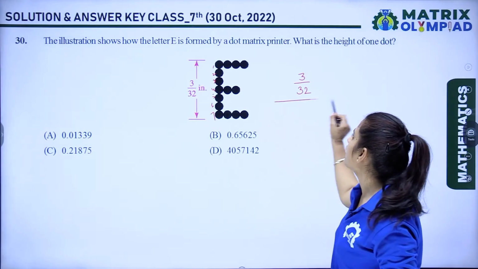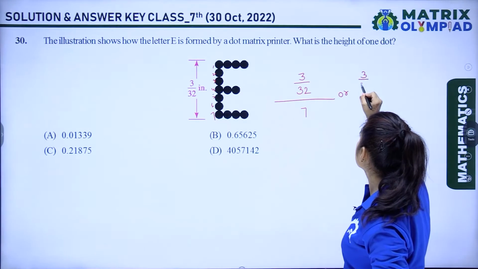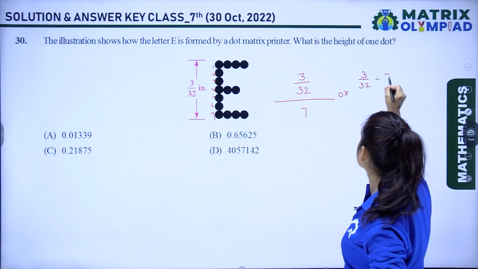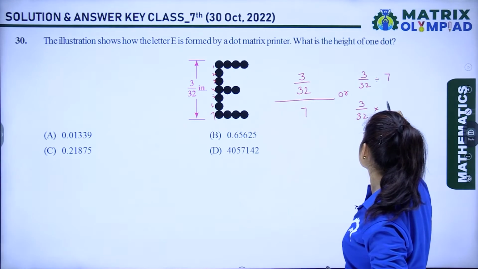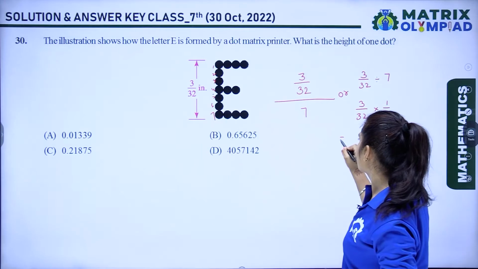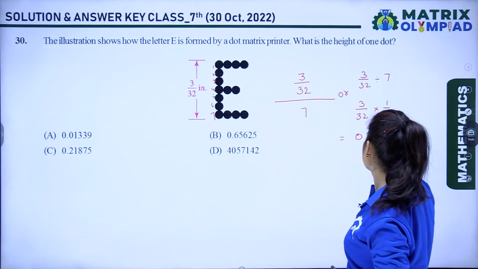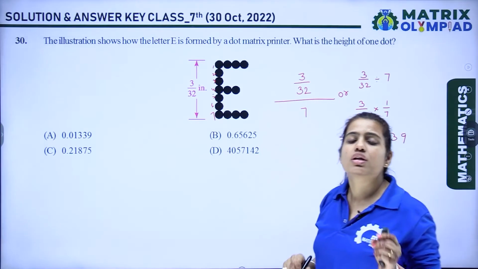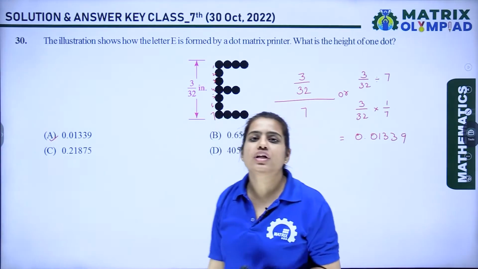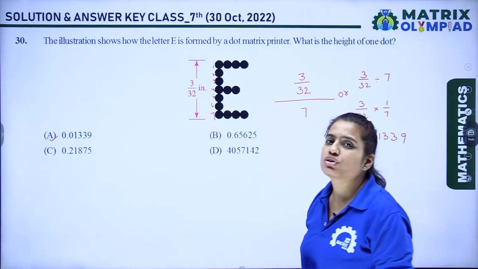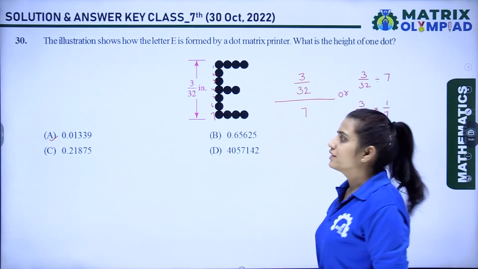Now we are going to divide this by 7, or we can also write 3 upon 32 divided by 7. After solving this, we get 0.01339. So the height of one dot is 0.01339. That is option A. So according to the question, option A is the correct answer.